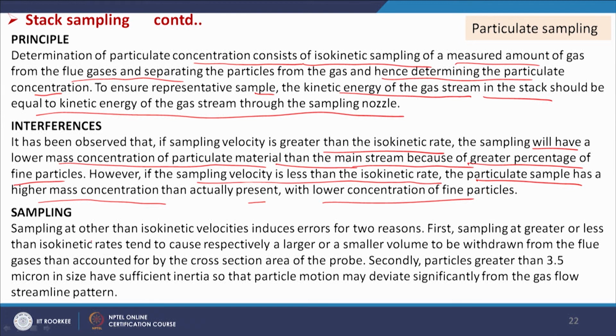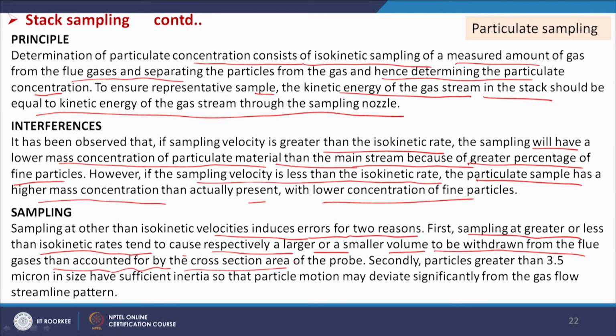Sampling at other than isokinetic velocities induces errors for two reasons. What are those? Sampling at greater or less than isokinetic rates tends to cause, respectively, a larger or a smaller volume to be withdrawn from the flue gases than accounted for by the cross-section area of the probe.